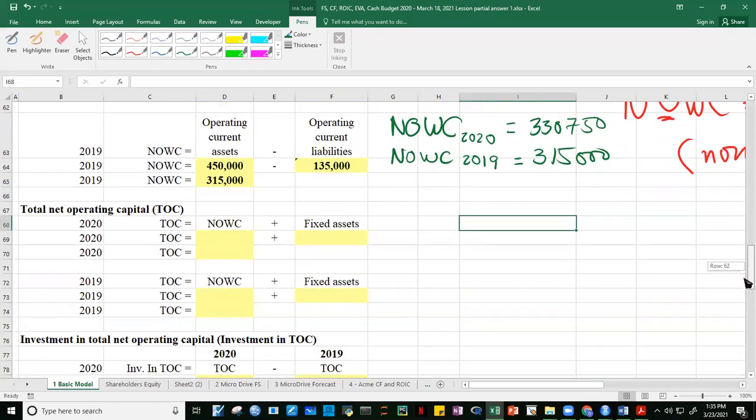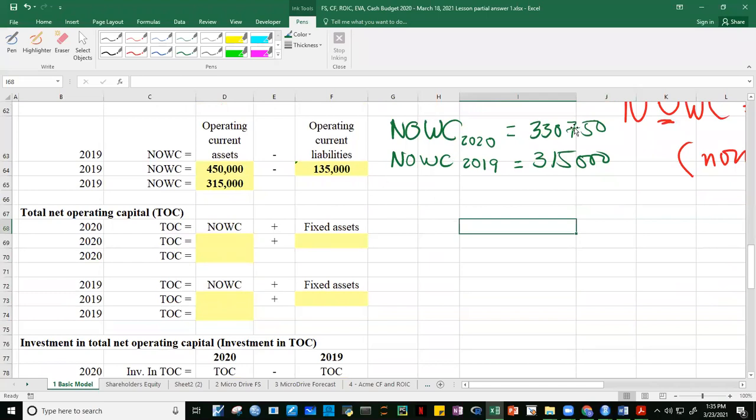After we have computed for NOWC, we now compute for your total. Take note, guys, earlier was net operating working capital. Now this is your total net operating capital, or others call this TOC.